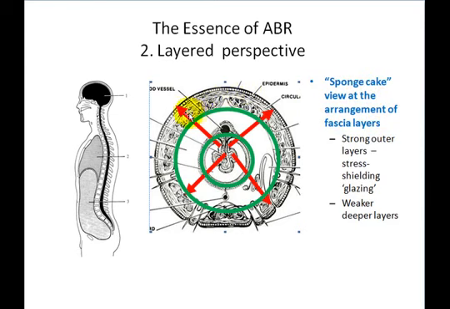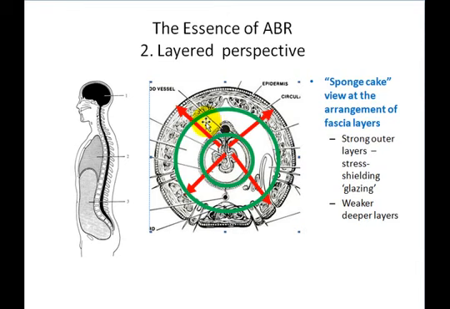Obviously that's just a metaphor, but it helps you understand the principle, because everything is arranged in layers, and from the layered perspective we consider it outside of the volumetric context, outside of the shape. We just look at the sequential arrangement of the layers and how we can get to the internal weaker layers by bypassing the strong outer layers, which produce this stress shielding effect.